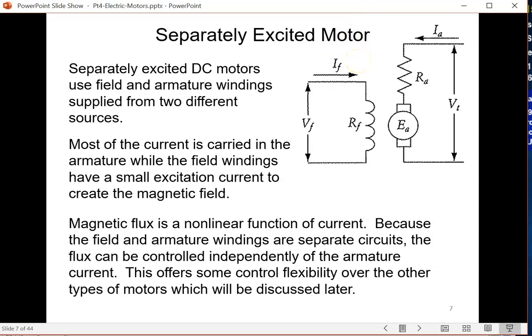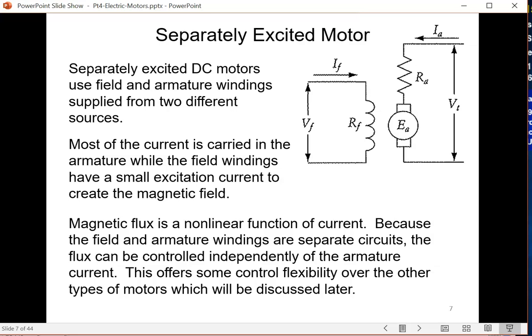But as the current increases, the magnetic field tends to increase slower, and eventually it flattens out because of the saturation effect in the stator. So when the current goes above a certain level, you have a nonlinear relationship between the field current IF and the magnetic field it produces.